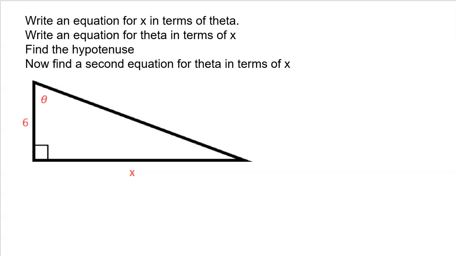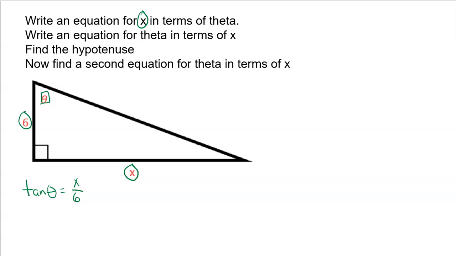First part says write an equation for x in terms of theta. So if I'm looking at this triangle, the first thing I see is that I could build an equation pretty easily using tangent. I'm looking for the opposite side, x. I know the adjacent side is 6, and the angle here is theta. So I know that tangent of the angle theta equals opposite x over adjacent 6.